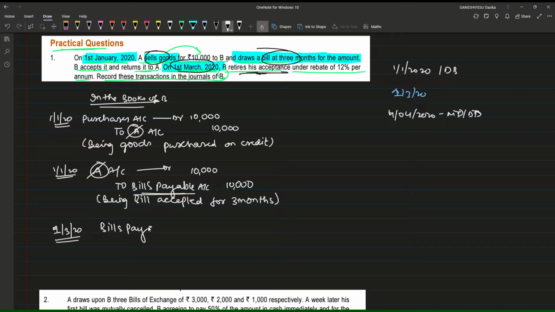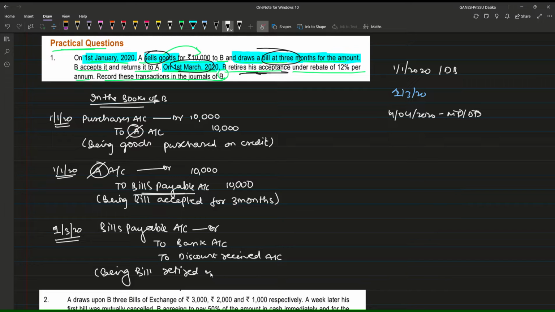Bills payable account debit to bank account and to discount received account, because it is an income for the drawee. Discount received, being bill retired with rebate.